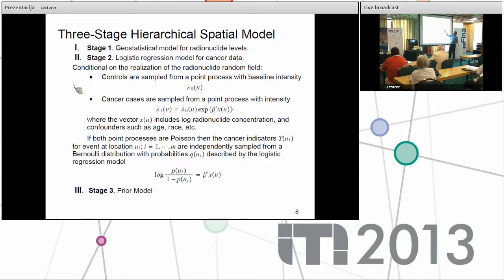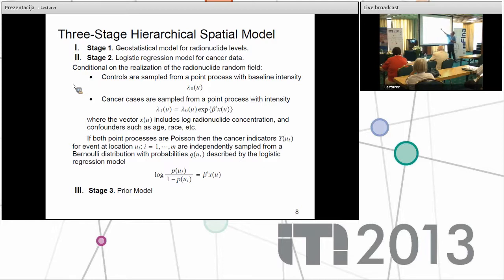For the cancer cases, we use a similar intensity function, but now it can be adjusted for various covariates. The covariates are denoted by X, with regression coefficients beta. The X's can include things like age, gender, and racial group, as well as the radionuclide values.